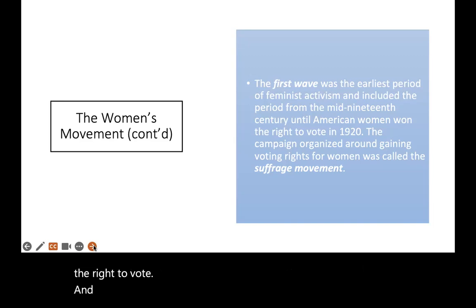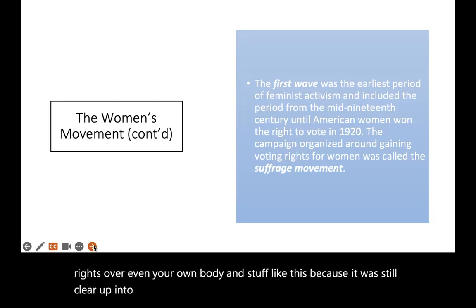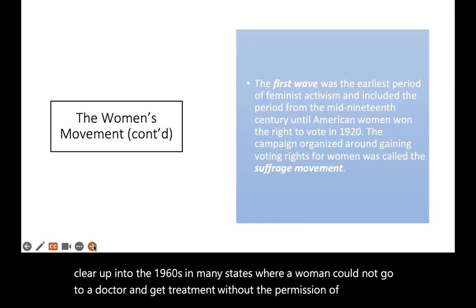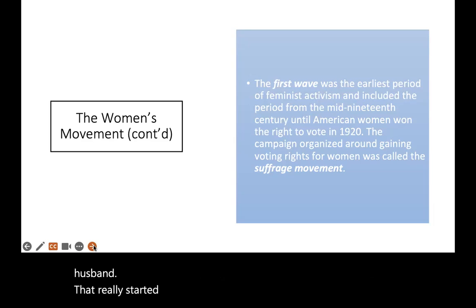And then after that, it would take another 50 years to gain rights over even your own body, because it was still clear up into the 1960s in many states that a woman could not go to a doctor and get treatment without the permission of her husband. That really started waning in the 1970s.